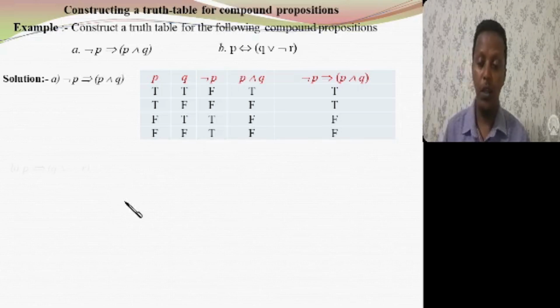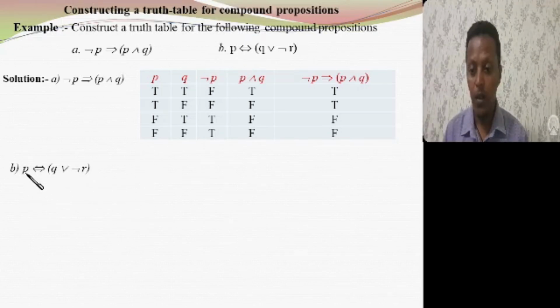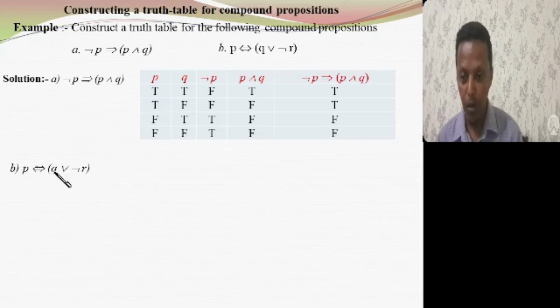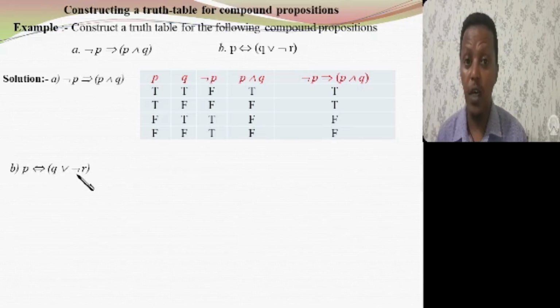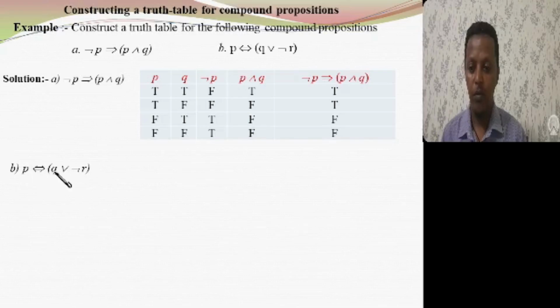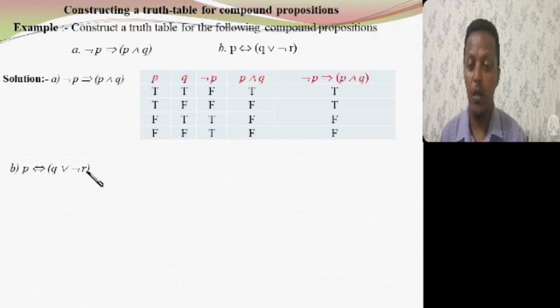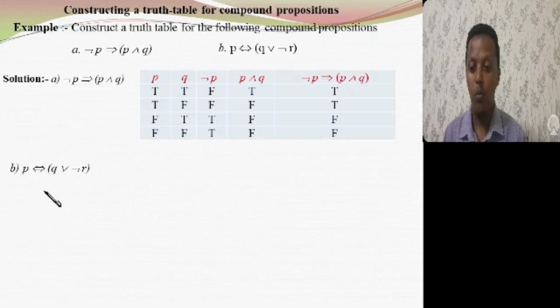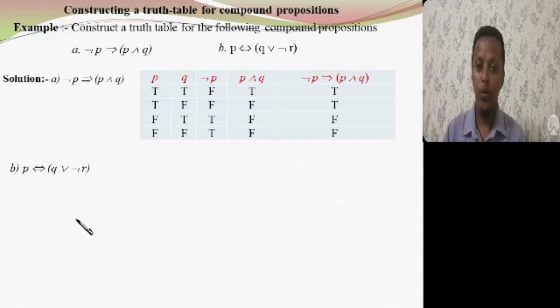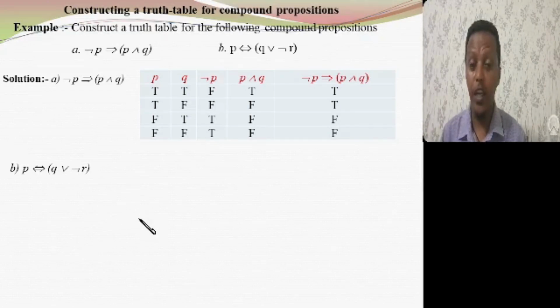So let's add one more: the compound proposition P if and only if Q or negation R. How many component propositions do we have? 3: P, Q, and R. For a compound proposition having 3 components, how many logical possibilities in the truth table? 2 to the power of 3, which is 8.